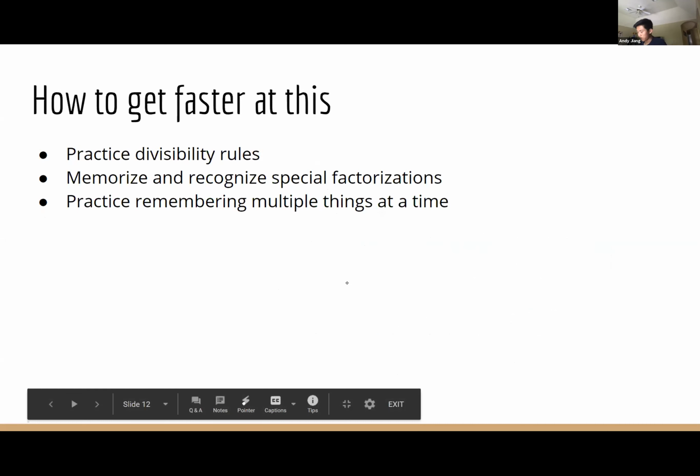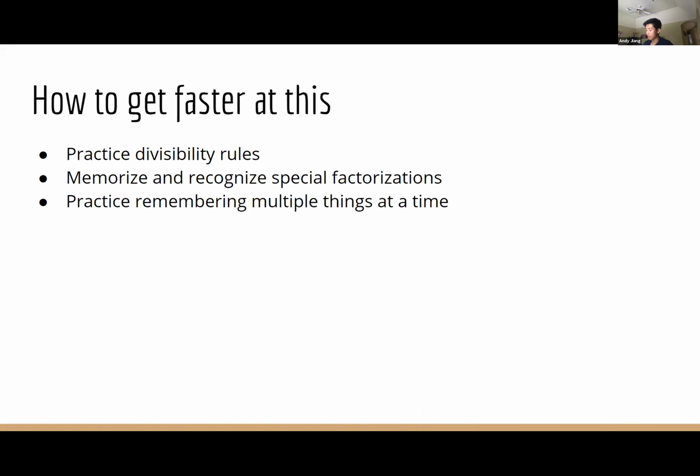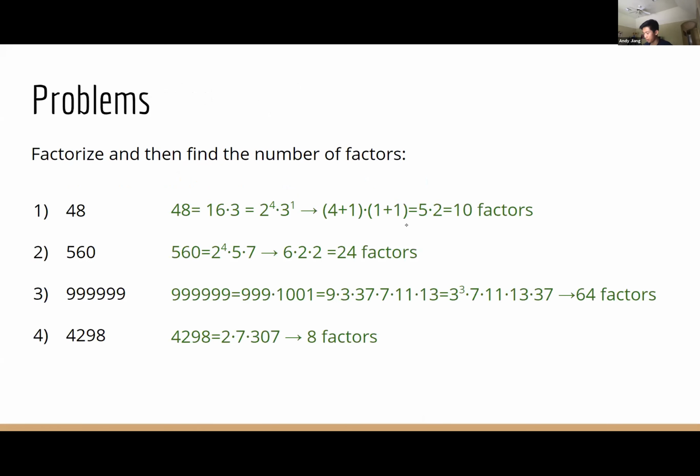That's what I mean by memorize and recognize special factorizations. This actually gets you much faster. At the same time, you have to remember multiple things at once. So let's say I wanted to do number 3 in my head.